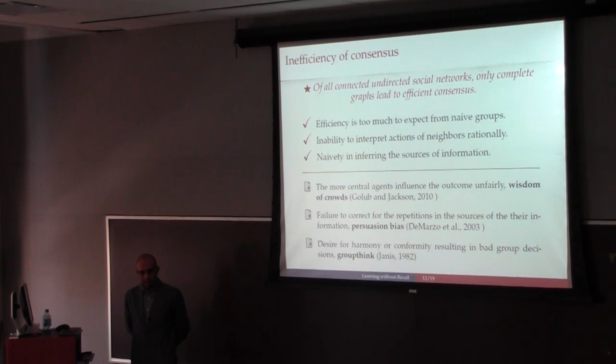It roots back to groupthink and group polarization and all the inefficiencies that are associated with group interactions. Basically, efficiency is too much to expect from agents that behave in such a naive way, because they cannot interpret the actions of others, and they are prone to repetitions as well as structural effects in the network.